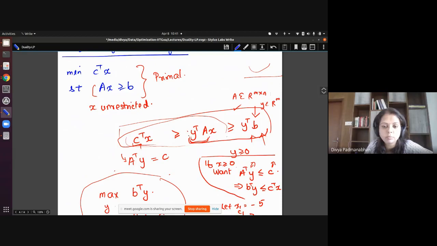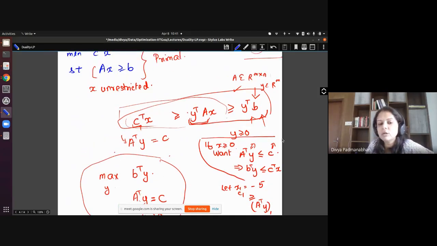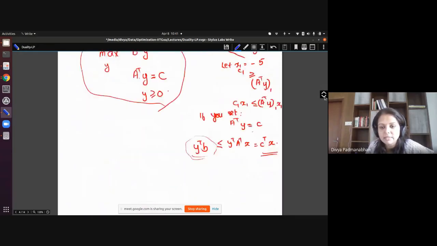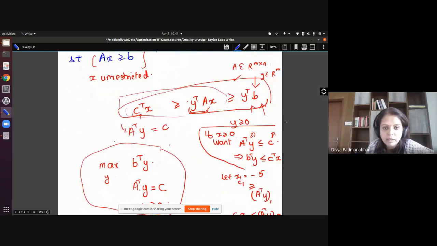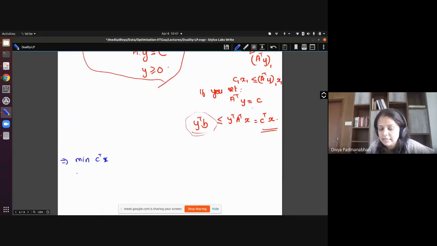So that's why you ensure that A transpose Y is equal to C. Now in this context, for other forms, you could have something like this. Another example may be: minimize C transpose X such that AX equals B.